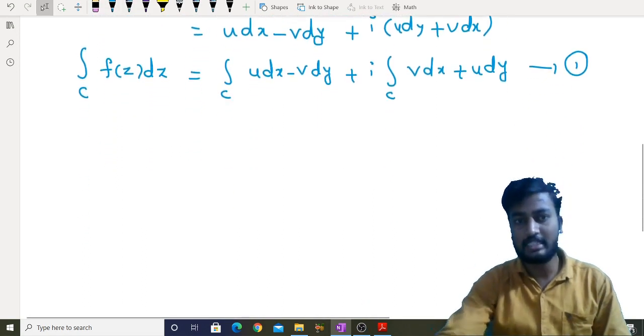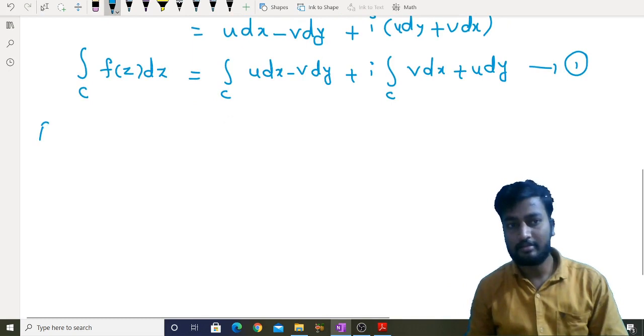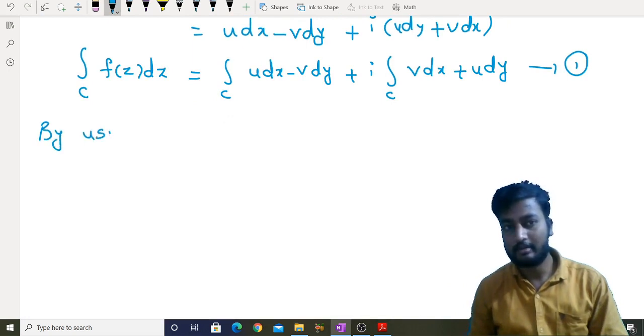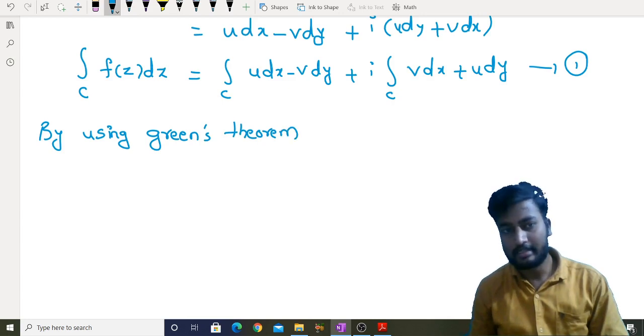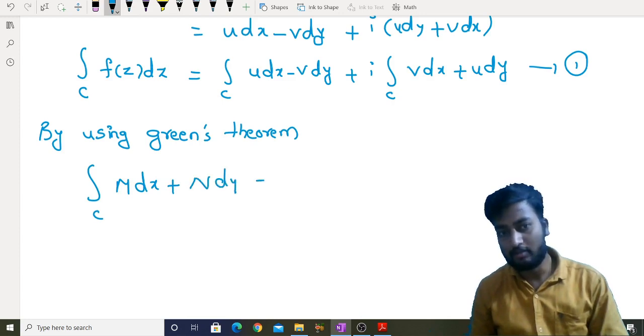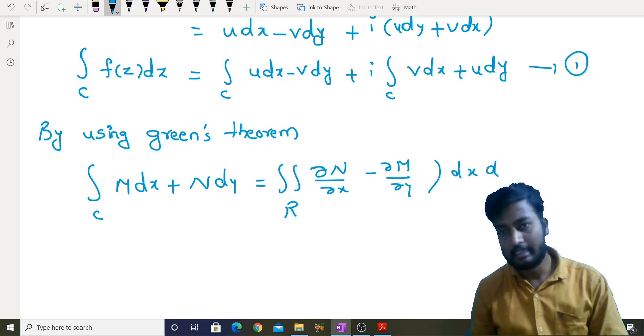Then by using Green's theorem. What is Green's theorem? It says the integral of m dx plus n dy is equal to the double integral over the region of dou n by dou x minus dou m by dou y, dx dy.